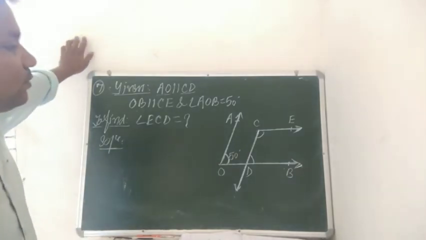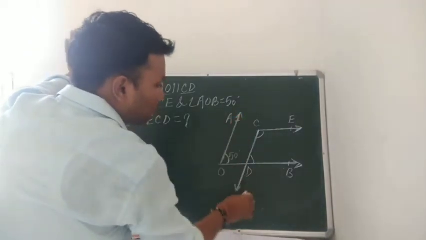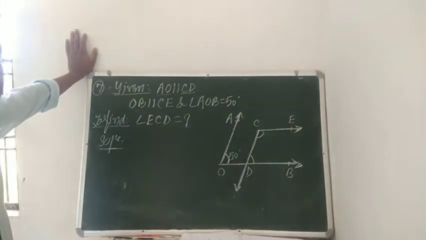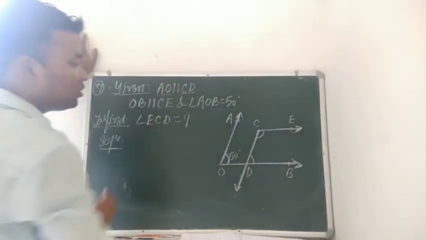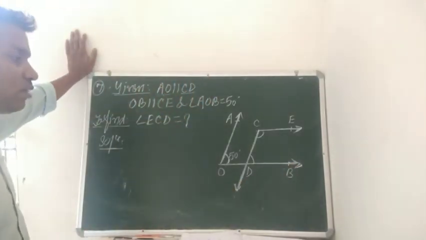So students, as you can see here, the ray AO is parallel to ray CD, and OB is a transversal for these two lines.